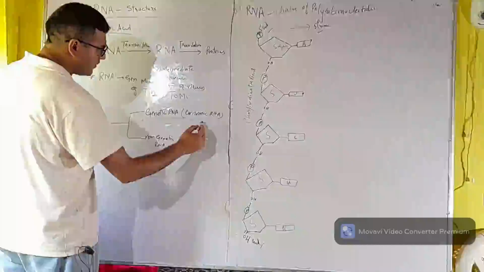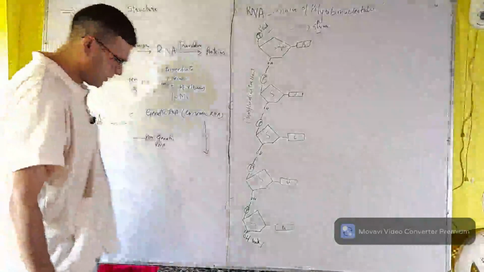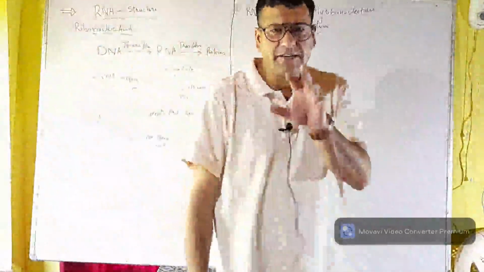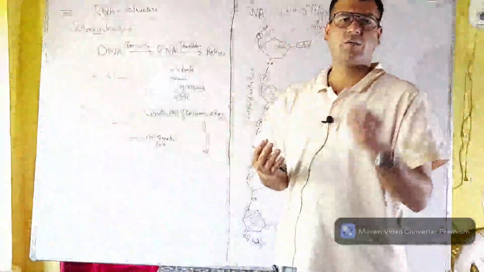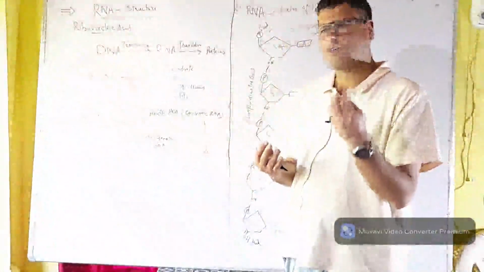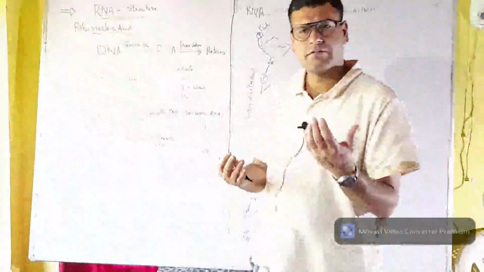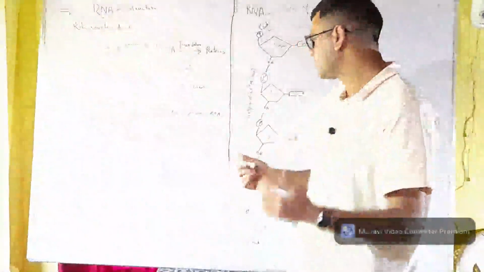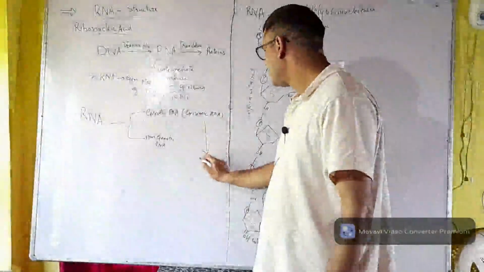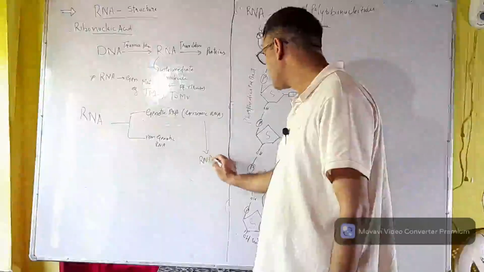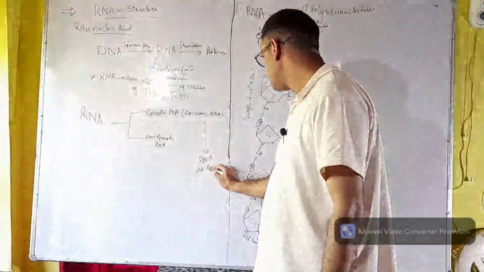What does genomic RNA or genetic RNA mean? It means that where RNA acts as a genetic material, that is called genetic RNA. So in genetic RNA, RNA acts as genetic material.